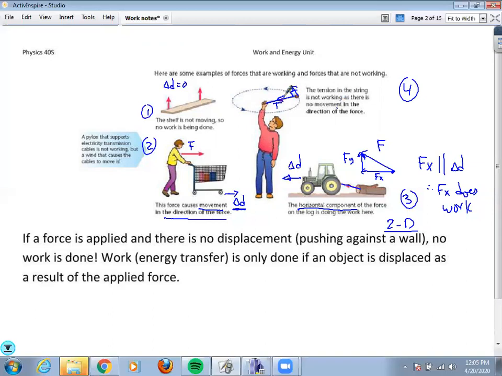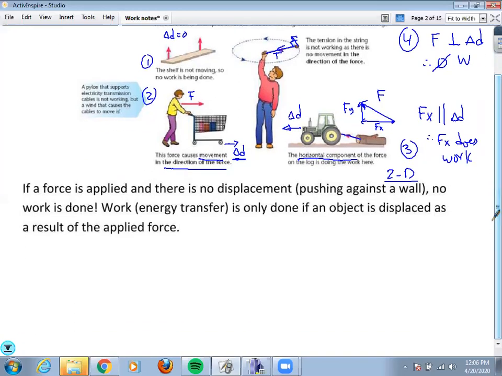That ball is moving tangent to the circle made by the tension in the string, so there is no work being done. F would be perpendicular to delta D, therefore zero work. So those are some examples of forces that do or do not do work.